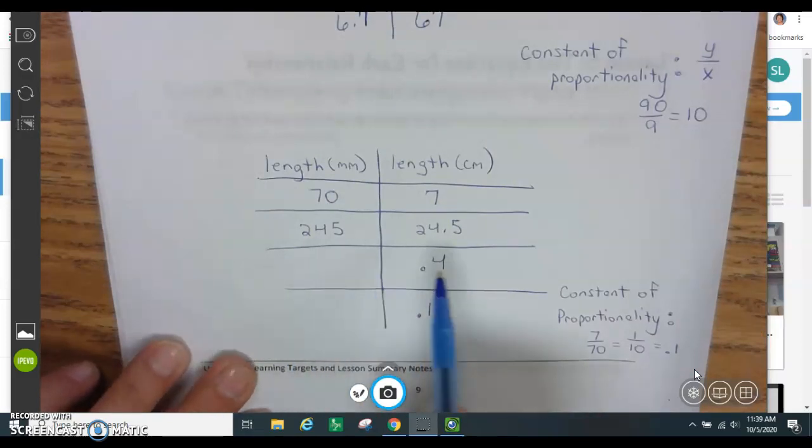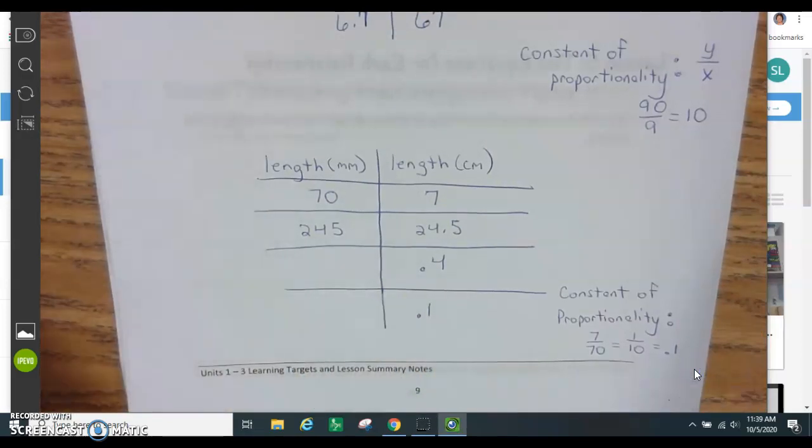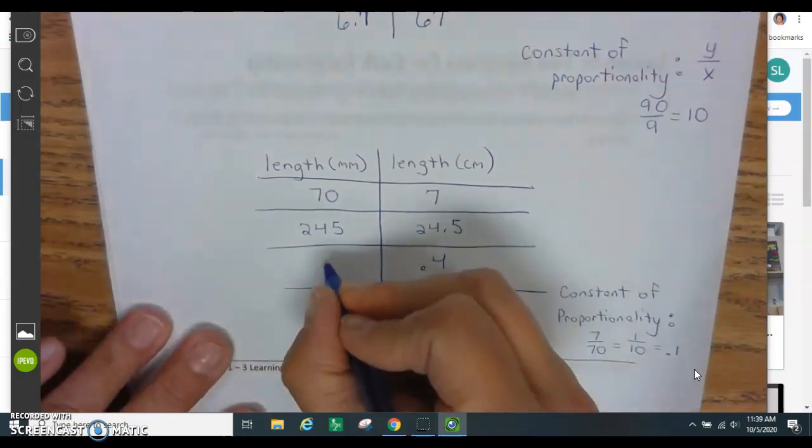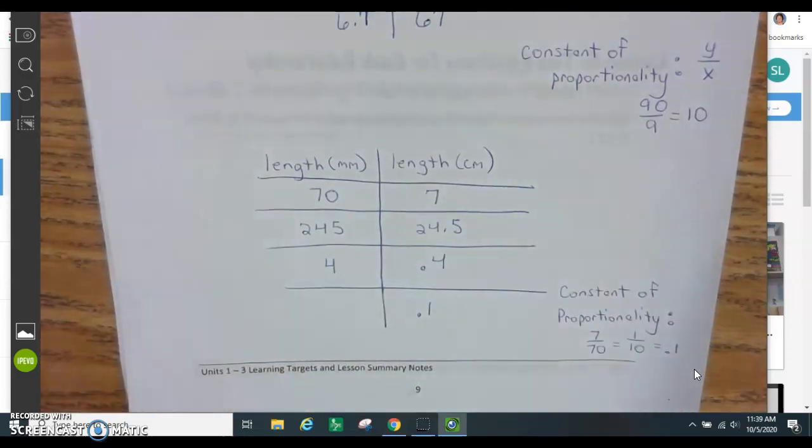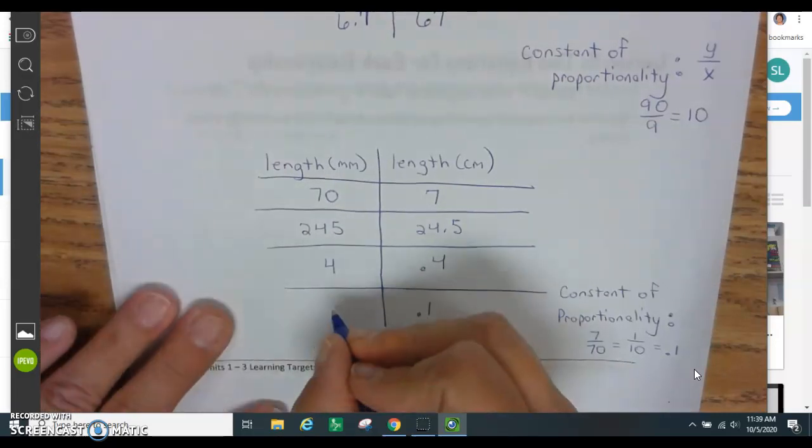And here I can take 0.4. Remember, we're going this way, so now we divide by 0.1. 0.4 divided by 0.1 would be 4. And 0.1 divided by 0.1 gives you 1.